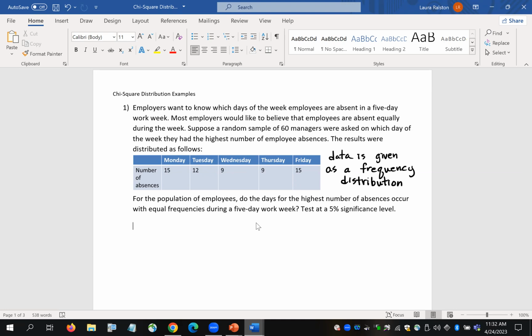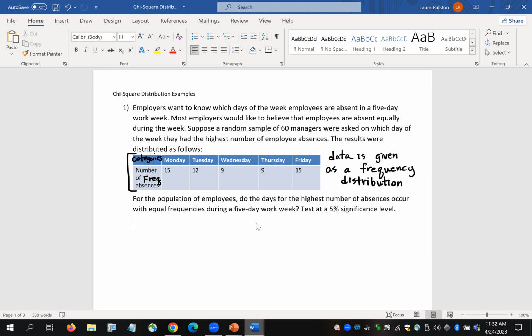This is my data, and the data is presented as a frequency distribution. It gives me the days of the week, Monday, Tuesday, Wednesday, Thursday, Friday, and then gives me the number of absences. The number of absences here is your frequency, and the days of the week, of course, are your categories. So that's one clue that this is probably going to be a chi-square.